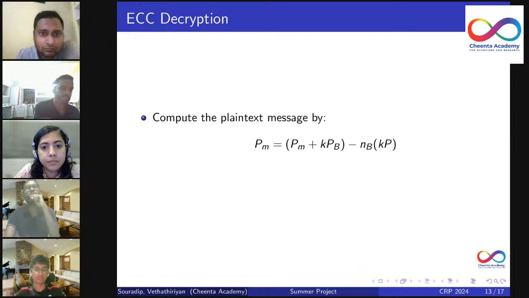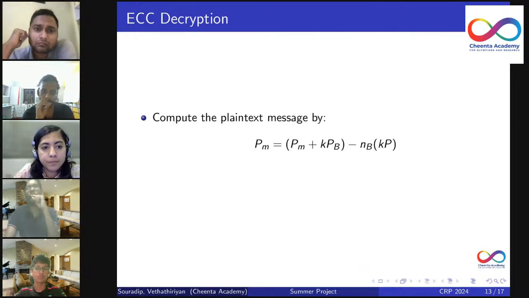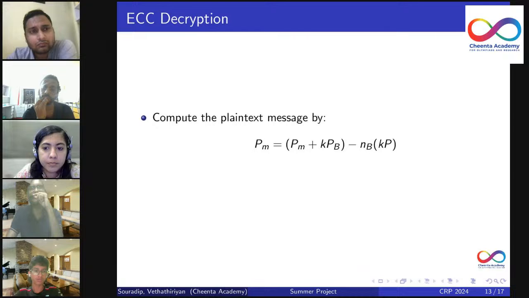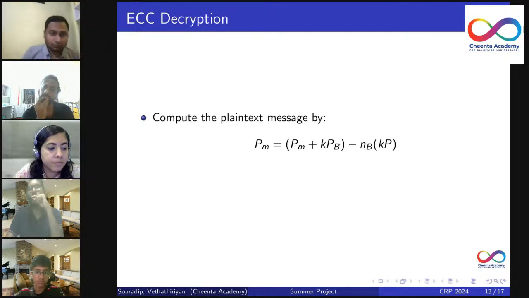Then how can we compute the message? Well, it is very simple, because the receiver just has to take the ciphertext, the addition operation of the ciphertext, which was PM plus k times PB, and just subtract the multiplication operation by multiplying it again with nB.